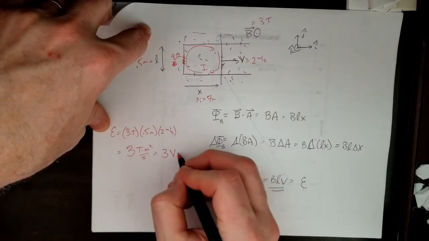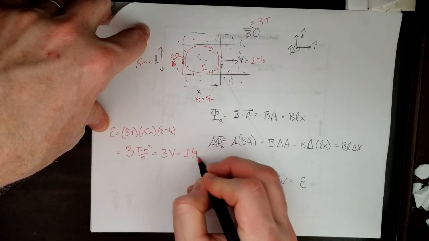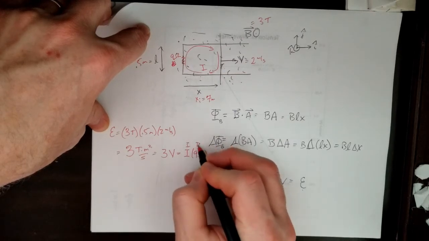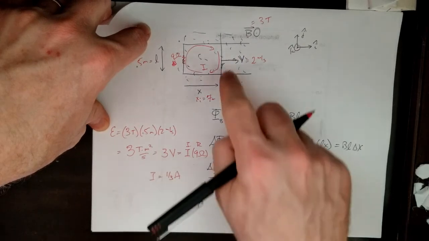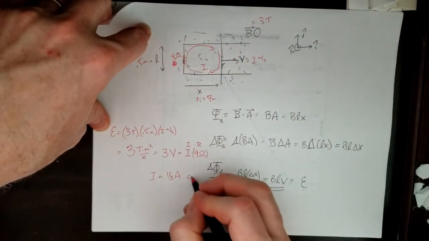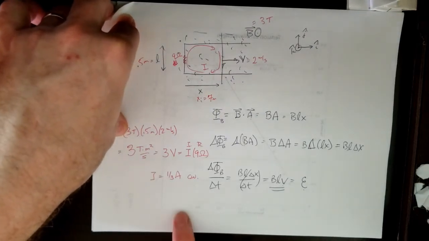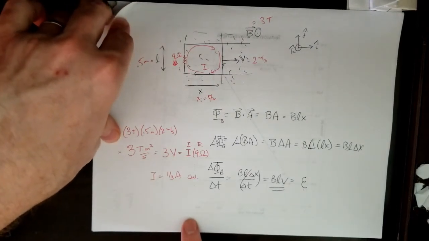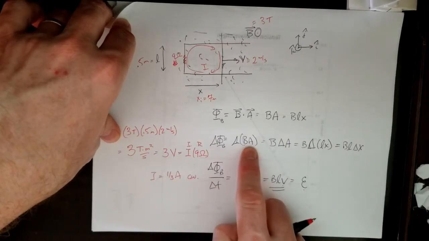So that's 3 volts. That's going to be equal to the current times the resistance, which is 9 ohms. This is IR. And so the current that's induced is 1/3 amperes, and it is going clockwise. Counterclockwise would be CCW. Recognize that A right there is amperes, that A right there is area.